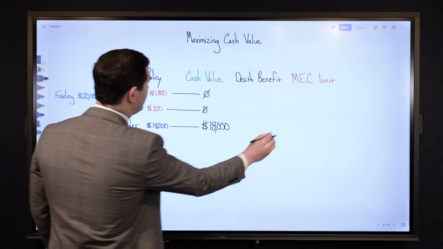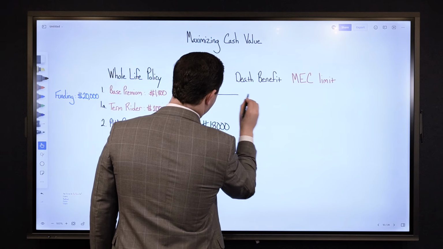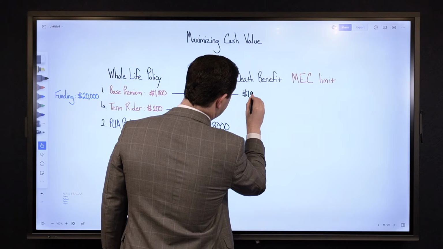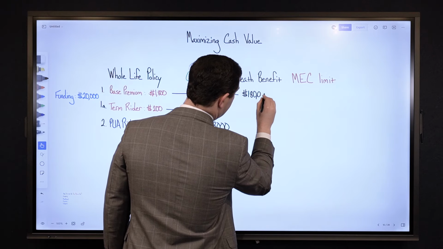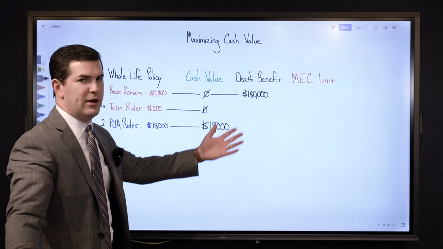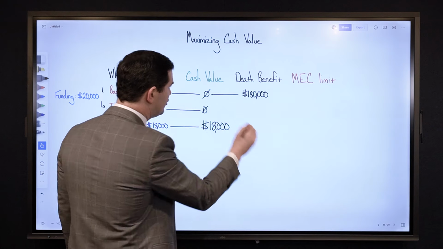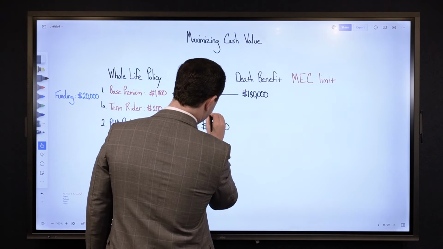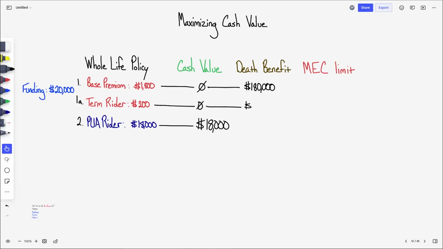But watch this. That premium might give me a death benefit of, call it $180,000. It's always going to vary depending on your product and your age. But say it's 180, and then that term insurance premium might give me another $320,000 in death benefit.